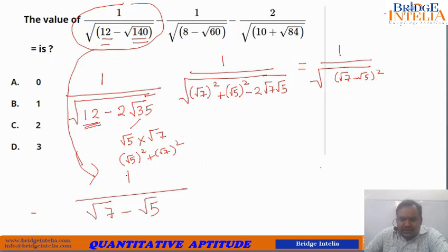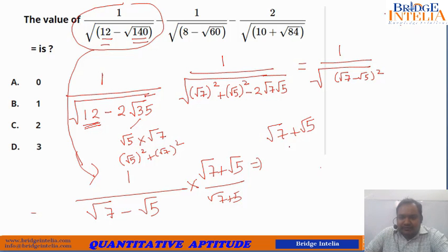So this is the first term. If you simplify the first term, it becomes this. Now you can further rationalize this. If you rationalize, it comes out to be root 7 plus root 5 whole divided by 7 minus 5, that is 2.